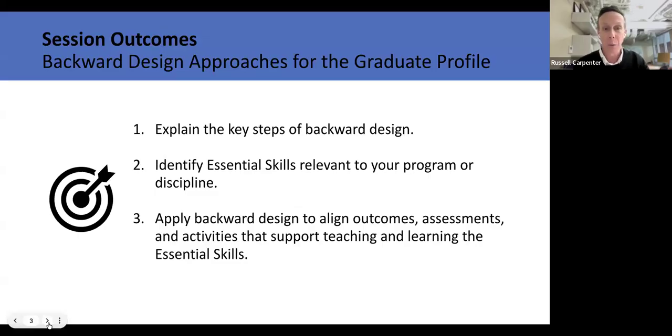And from there, we'll walk you through several applications of backward design to ensure that alignment of outcomes, assessment of learning activities are supporting the teaching and learning for the 10 essential skills.